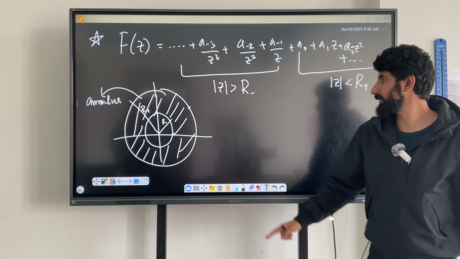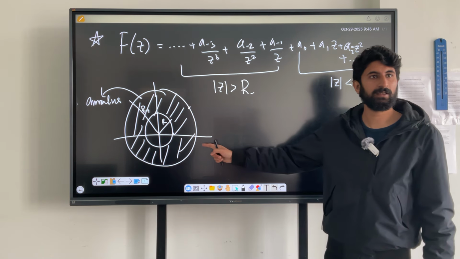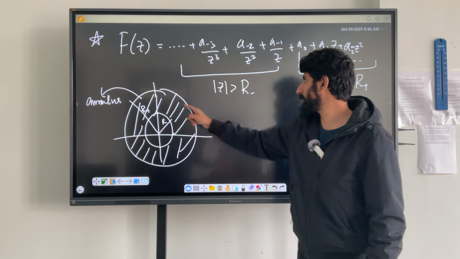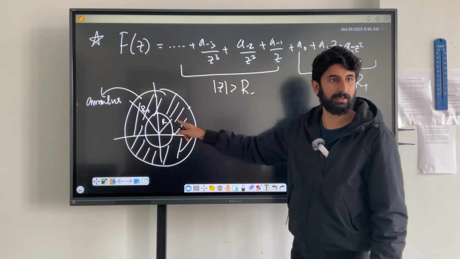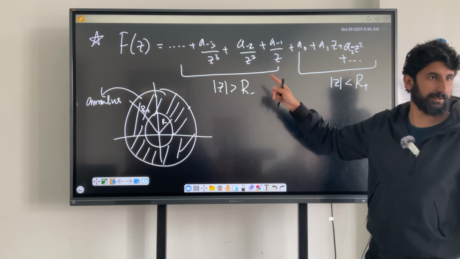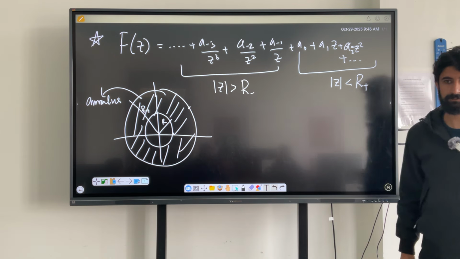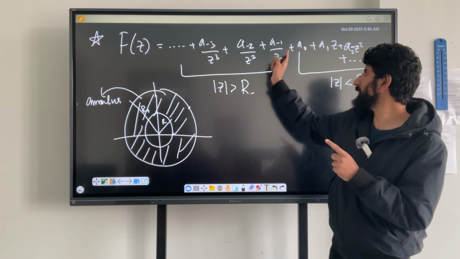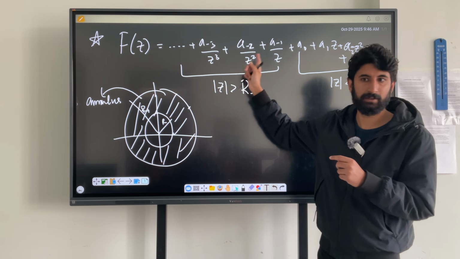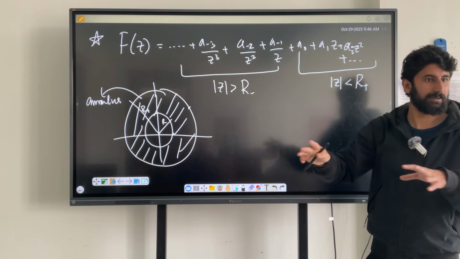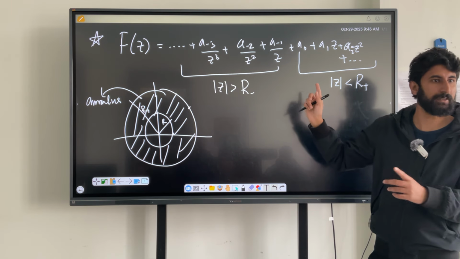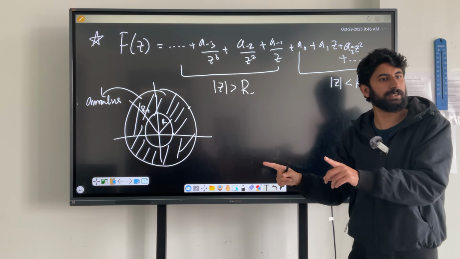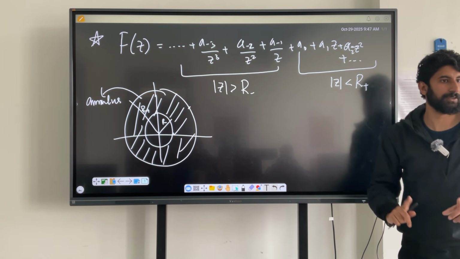Is this clear? So mod z bigger than r minus and mod z less than r plus is satisfied here. In this region, both of them converge, and the full thing converges. Outside, one of them diverges and the other is finite. That's very important. One of them diverges, but the other one converges, so the sum would not converge.